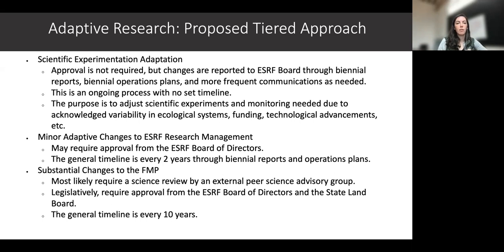Basically, the draft lays out this tiered approach where at one level you would have the adaptations that are typical of the scientific process and part of a research experimental design.